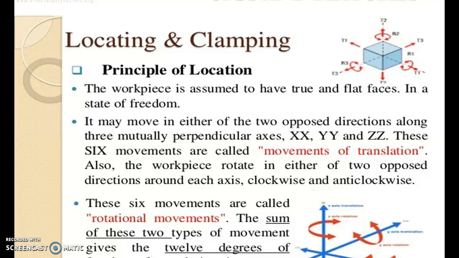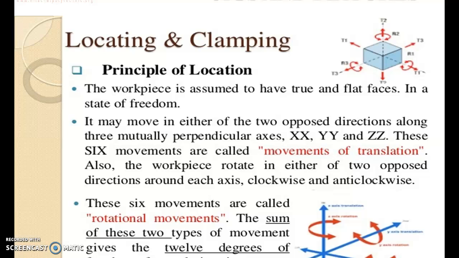Let us consider a rectangular block that is free to move along the axes AB, CD and EF, as you can see in the slide. The body can also rotate about these axes, and thus the total degree of freedom of a body is 6.